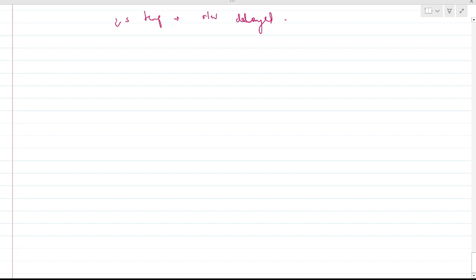Now we are going to see the electrical event of the neuron, that is action potential.